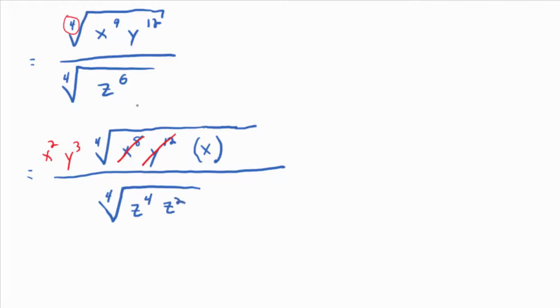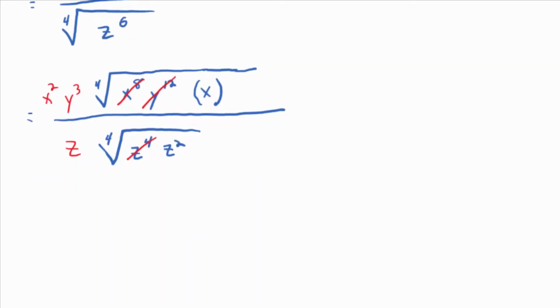Z squared. Okay. What's the fourth root of z to the 4th? Z. So we pull out a z. Okay, all that's left to do is clean it up. So make it x squared y cubed times the fourth root of just x.